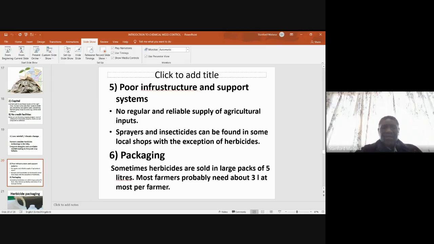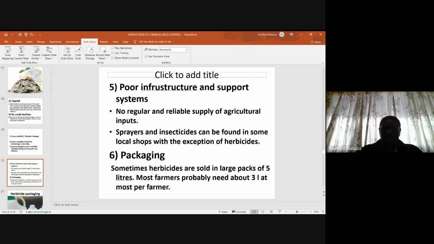Packaging, if you want small containers for herbicides due to your small hectarage, probably you may not find them. They are packed in large containers, probably from 5 liters and above. Maybe farmers just need 1 liter or 3 liters.